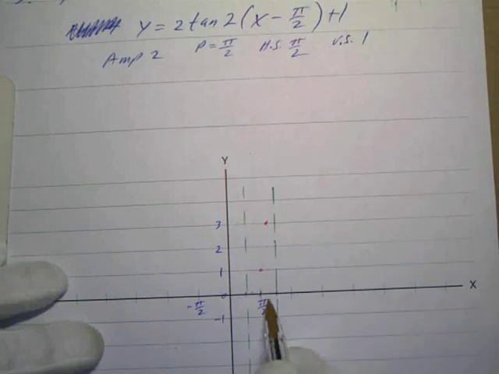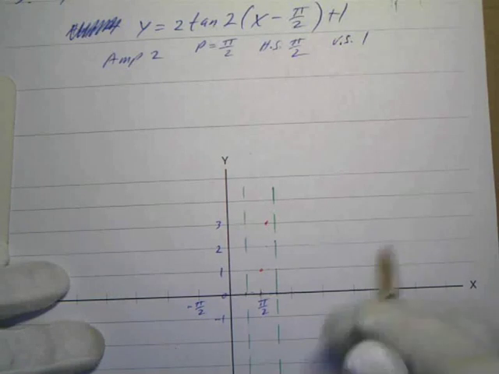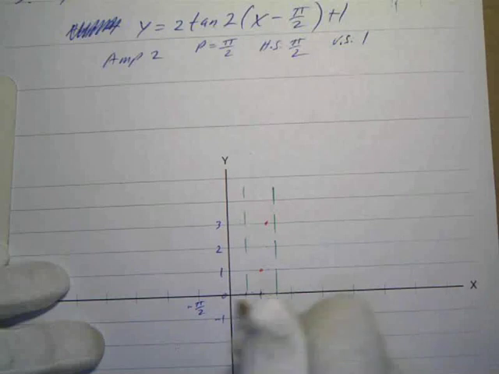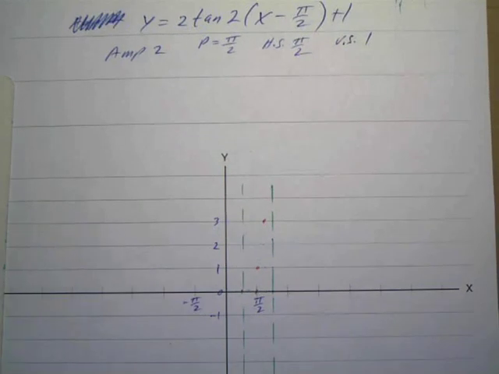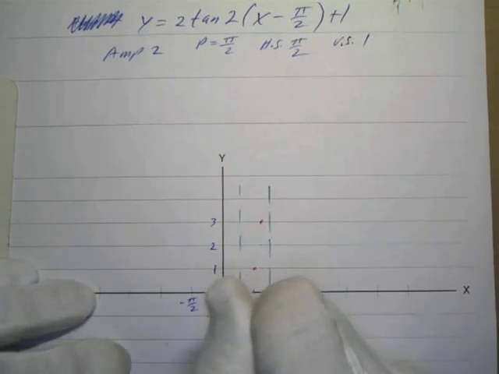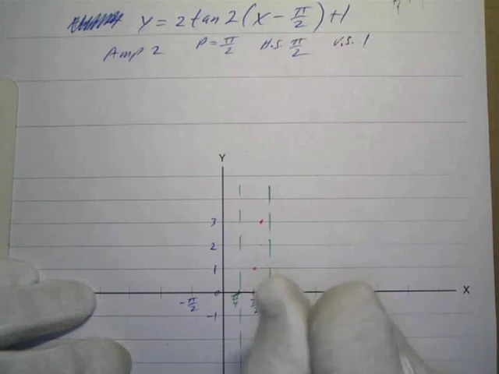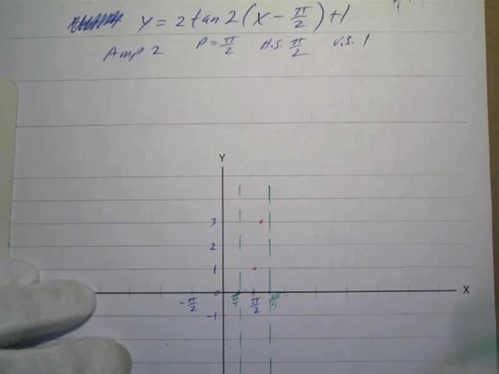Now you could check that by putting this point in, because if this is pi over 2, all right, this would be pi over 4, and this would be 3 pi over 4. Okay, because of the period, it's just going to be pi over 2. All right?